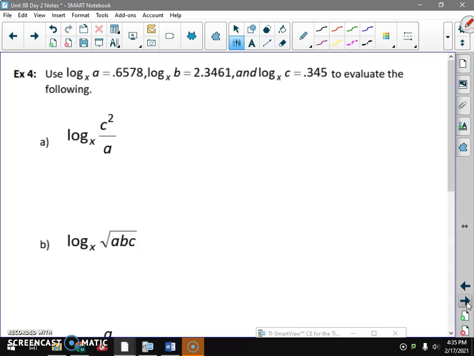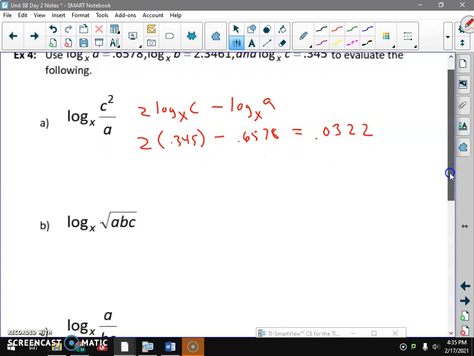The 2 is going to go out front of the C. And we're going to subtract from it A. Now in parentheses for the log of C, I can put this one in, 0.345 minus log A is 0.6578. I already did the calculator work, 0.0322.